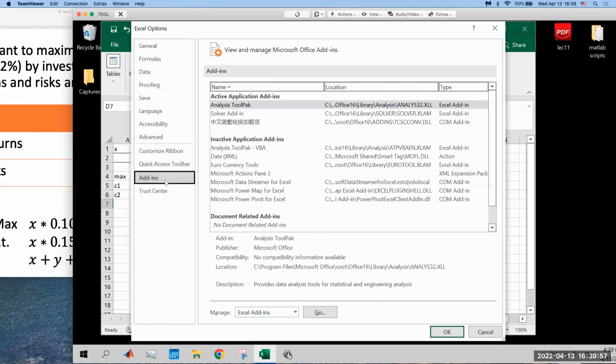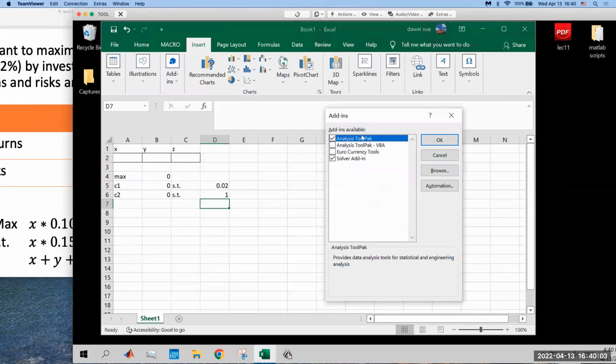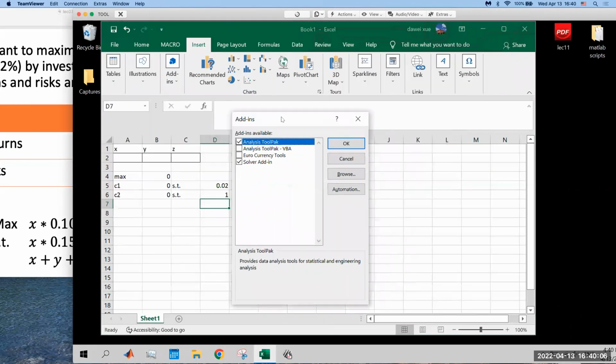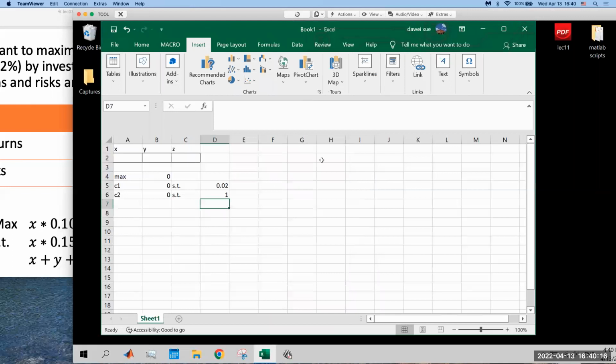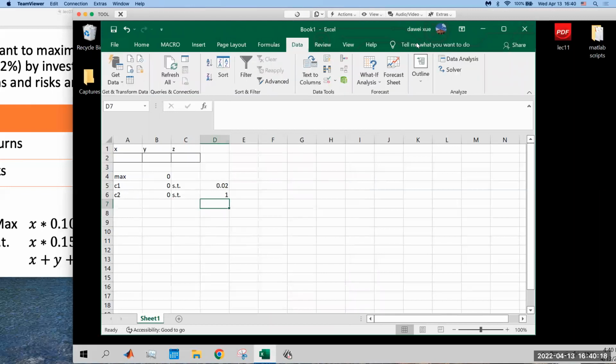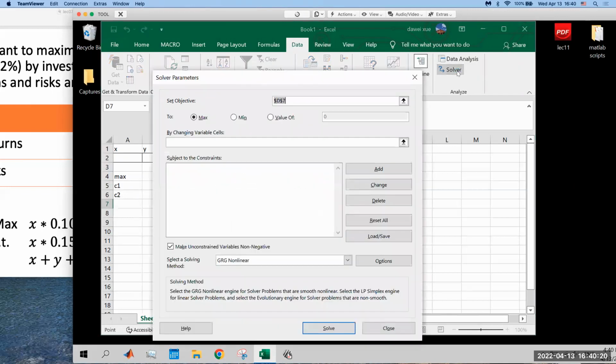Under the add-ins, go to the bottom and you see manage Excel add-ins, click on Go. Now you check Solver and Analysis ToolPak, and click OK. Then you go back to Data, go to Solver and click on that.